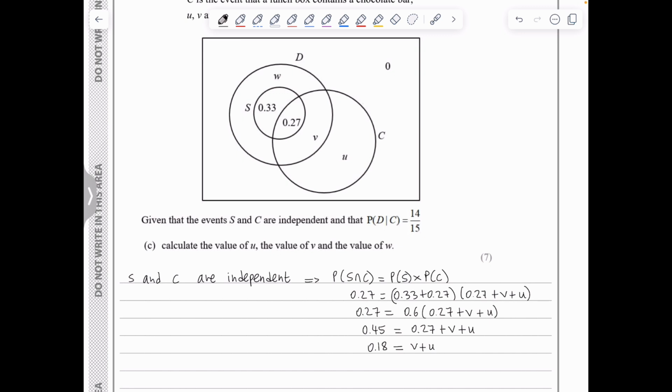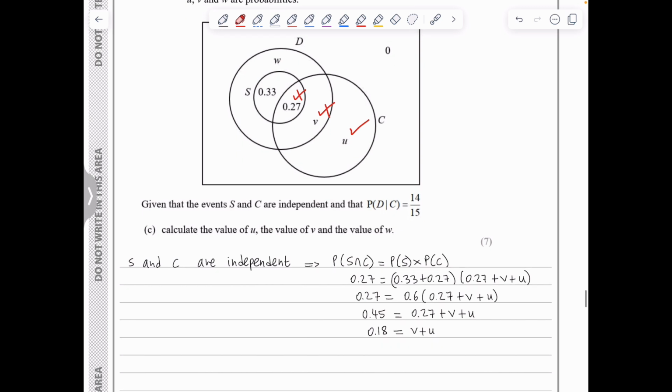It's time now to look at the second piece of information. It says probability of D given C is 14/15. Conditional probability, I know for sure that I am in C. So if I'm in C, I'm here, here, or here. The probability I'm in D is simply these two.